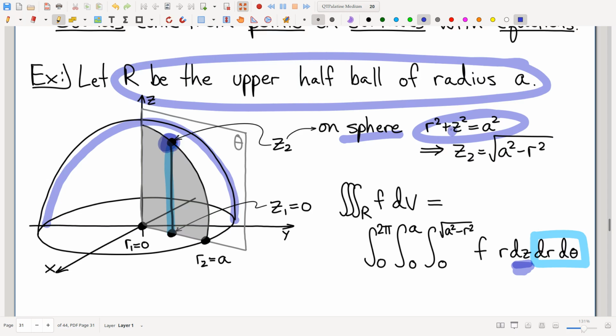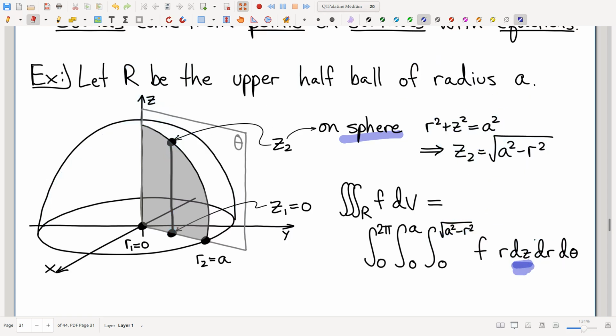So you have to solve for z. That is what is our upper bound. Is that cool? Cool. All right.